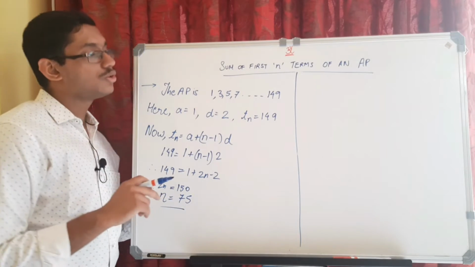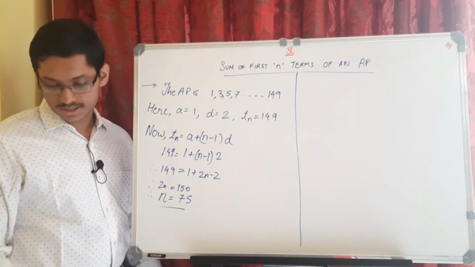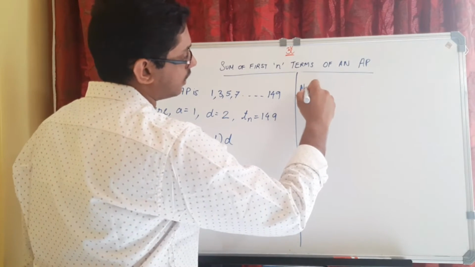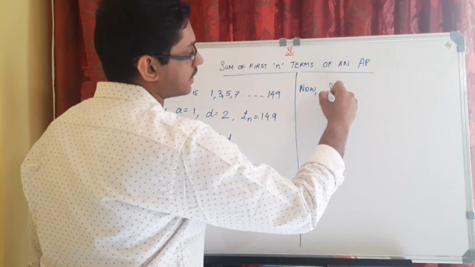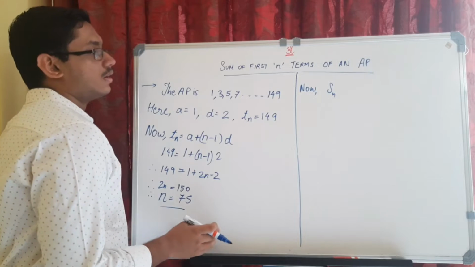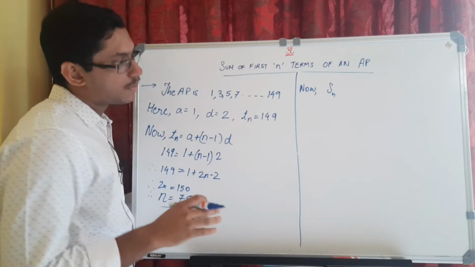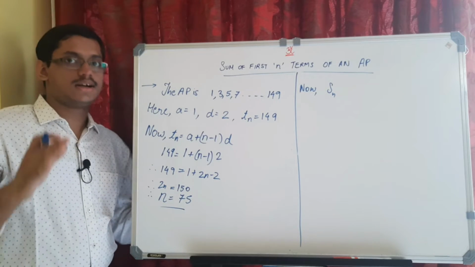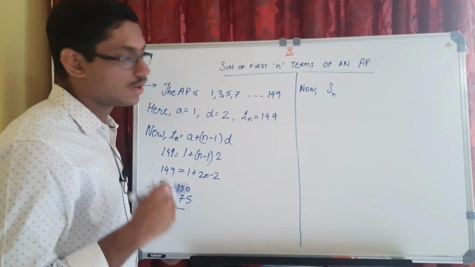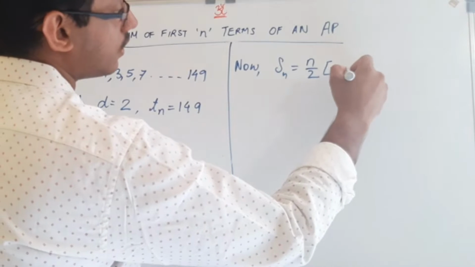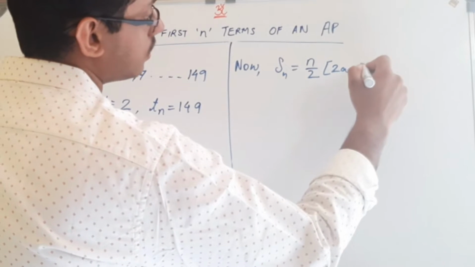Now what we have to find is Sn, that is written. So now again write Sn. Now you can use any of the formulas. Let's do one thing, we will solve it by both formulas, okay? Then you will have a clear head about how to use the formula. Sn is equals to n by 2 into 2a plus n minus 1 d.